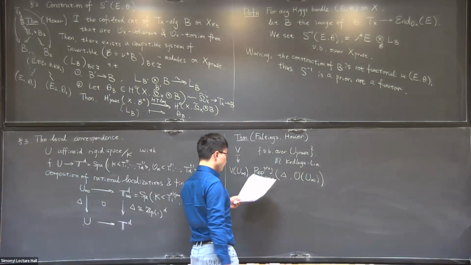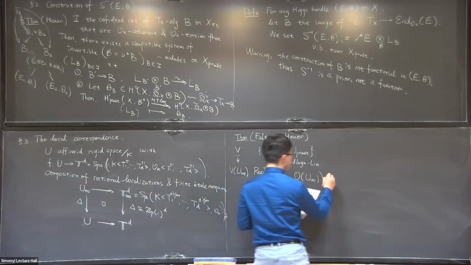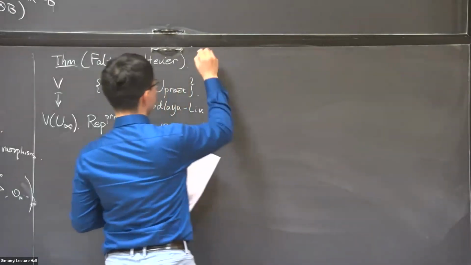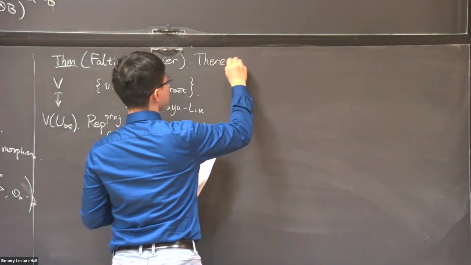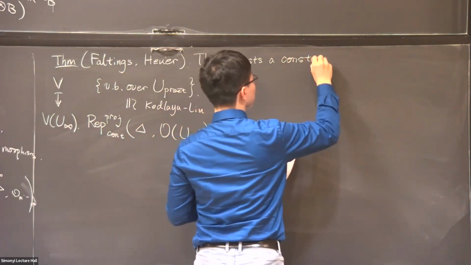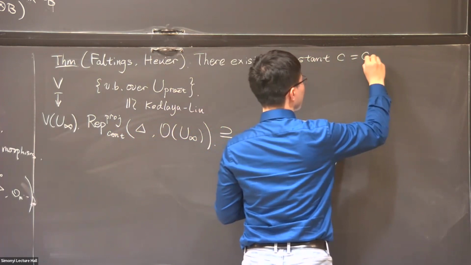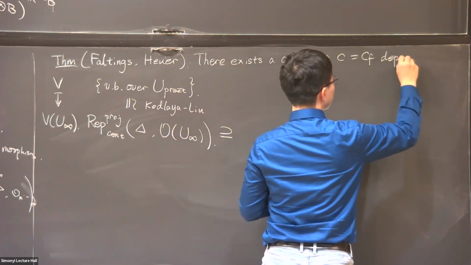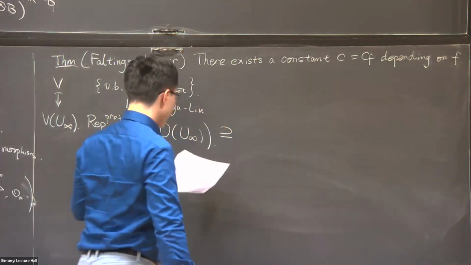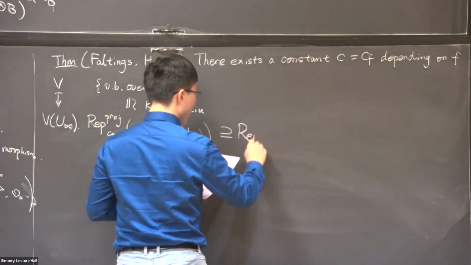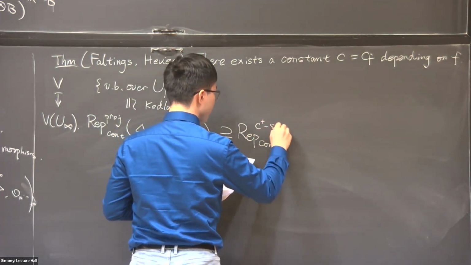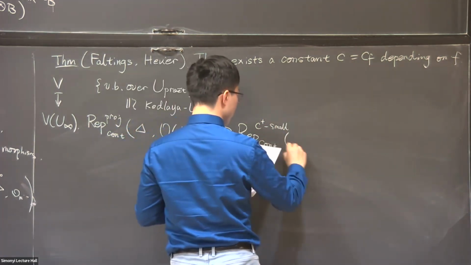Okay, so now I specify a full subcategory. So there exists a constant c, depending on F, and I consider all the so-called C plus small representations. So I will give you the definition.